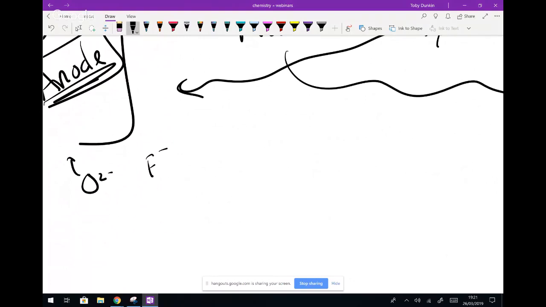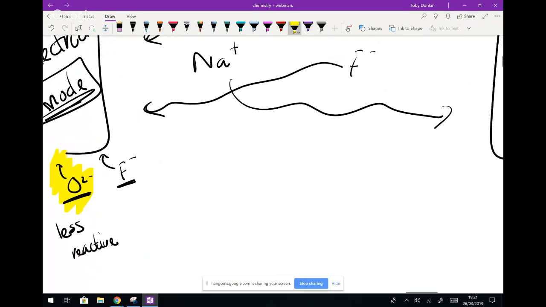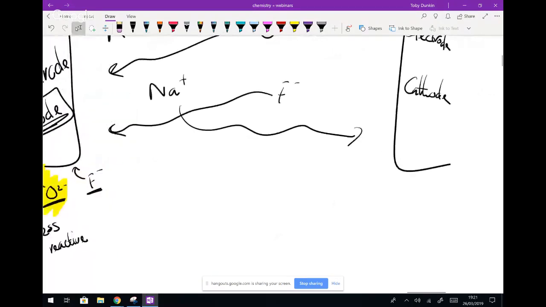And here's the thing: because fluorine is more reactive than oxygen, the fluoride won't want to lose them. There's somebody who wants to lose them more easily. This was less reactive at its start point. So the oxide will lose its electrons rather than the fluoride.